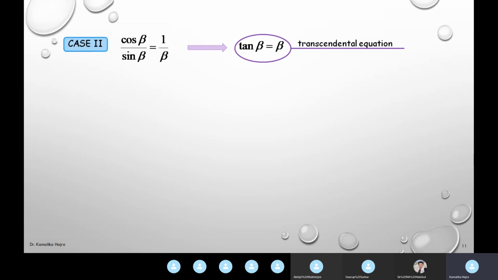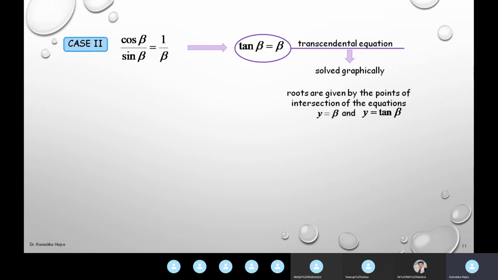What other way of equation solving do you know other than the analytical way? Someone please tell me. How can we solve an equation other than mathematically? Graphical, right. So a transcendental equation has to be solved graphically, and the roots are the points of intersection.